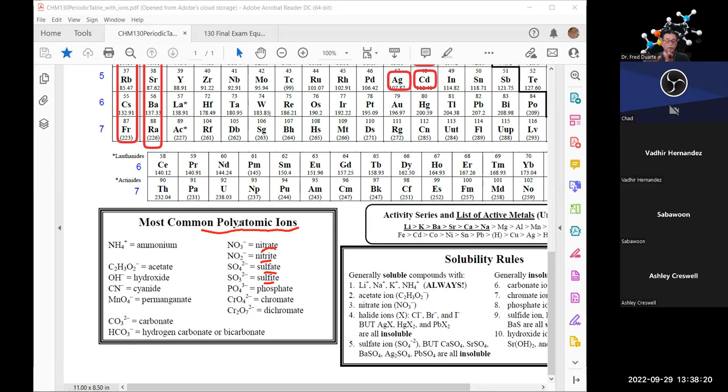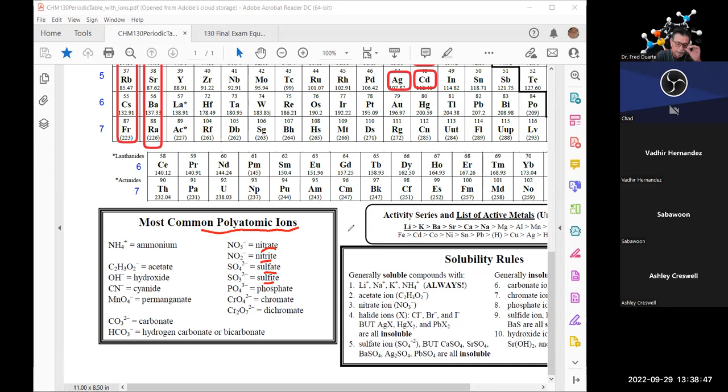And I stated that covalent bonds don't do that. But I also stated that there's only one group of covalent bonds that do that, and those are acids. So a lot of these negative charge species come from acids that were covalently bonded compounds, but then when they reacted with other things, which we're going to learn about, they formed these ions.